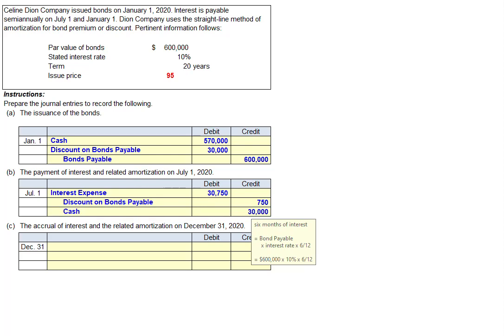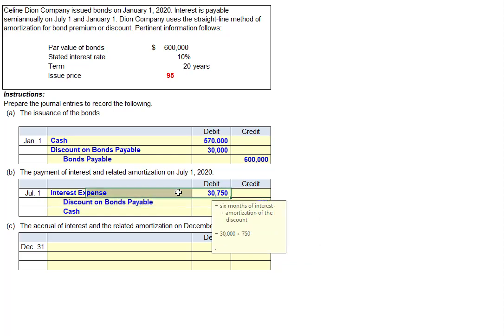So once again, the 10% stated interest rate determines the amount of cash we pay on the bonds. Our discount is amortized on a straight line basis over the life of the bonds, so $30,000 divided by 40 periods. And our interest expense is simply the plug. It's our cash that we pay plus the amortized discount.